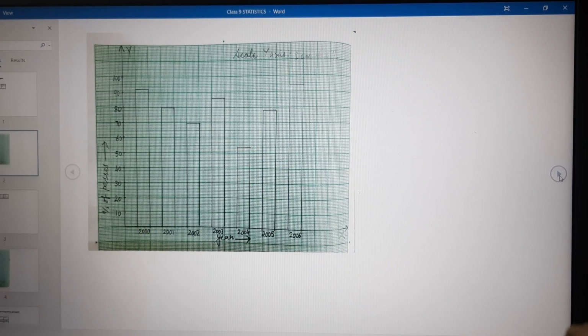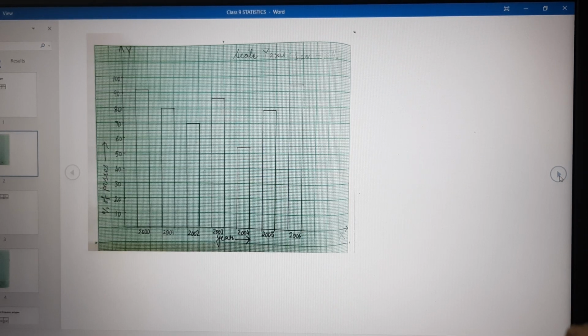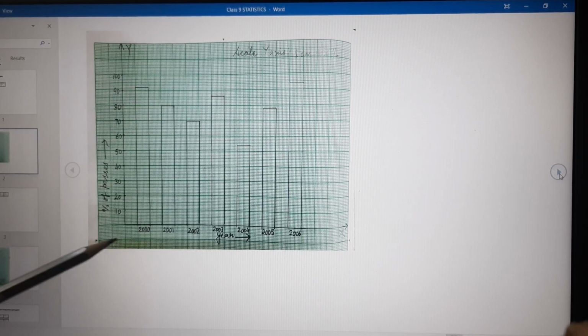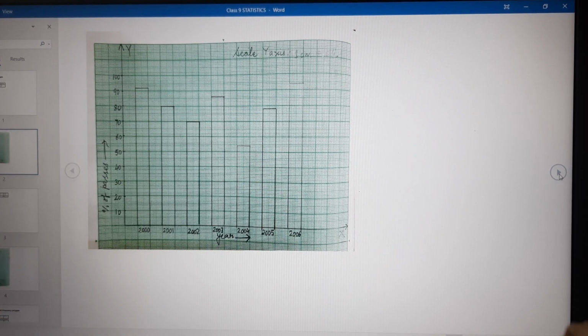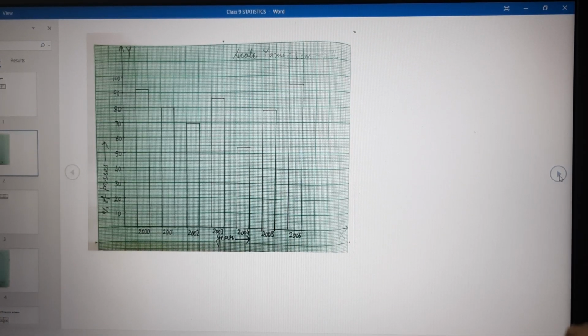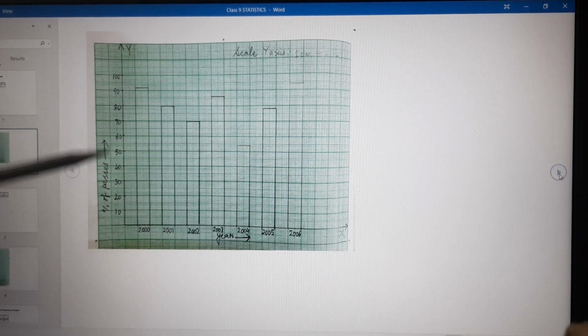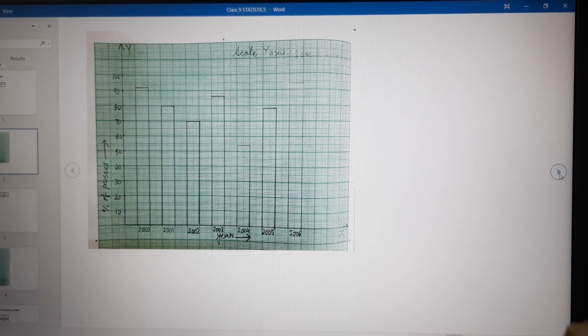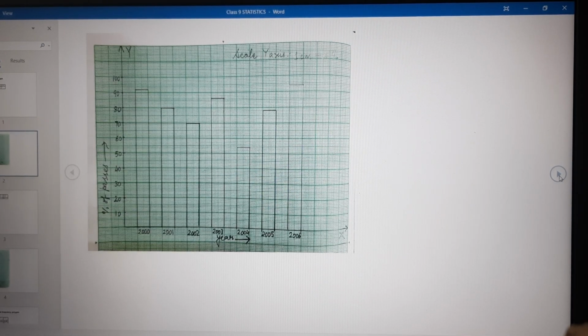So I have taken a 1 centimeter gap and I have taken the width of these bars as 1 centimeter. So scale will be written; there will be no scale for the x-axis because we have represented the fixed values on the x-axis. Scale will be for the y-axis, that is 1 centimeter is equal to 10%.